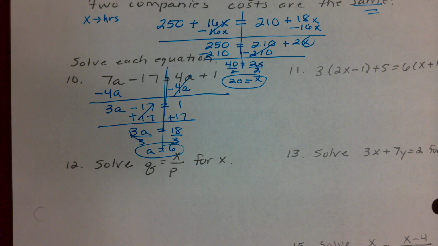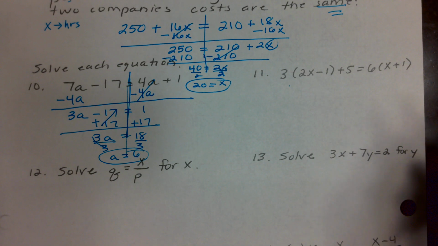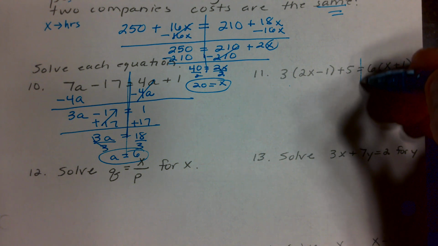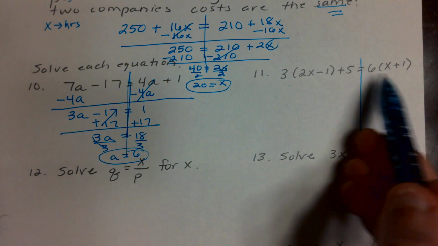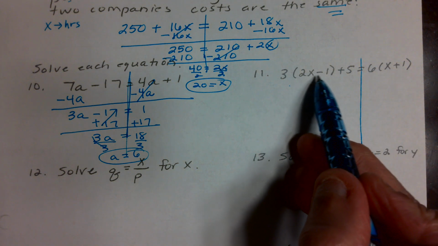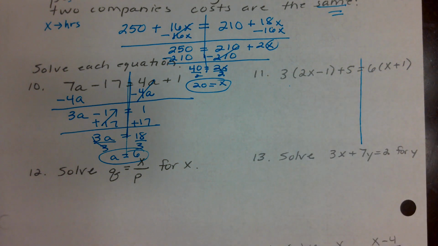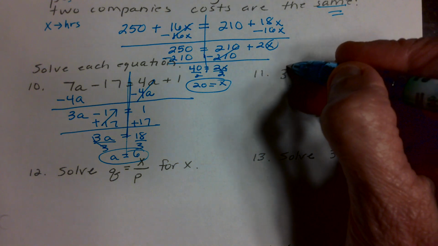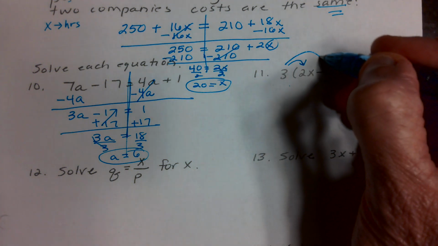All right, 11 is probably the most complicated solving problem you've done up to date, but nothing you can't handle. You should see these parentheses, and since you can't reduce what's in there because there's a variable, you need to use your distributive property, your little spider legs.